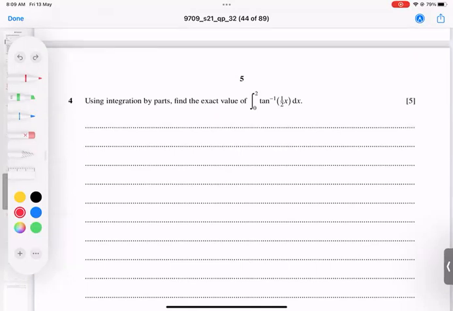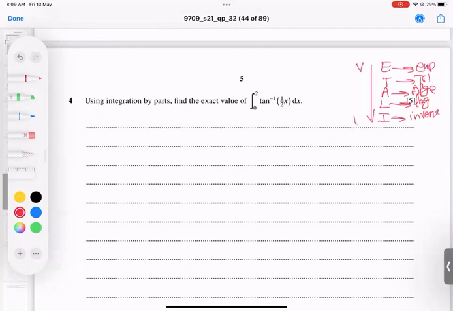If we talk about the LATE properties, L, A, T, E, and I add one extra I. I stands for inverse function, L stands for logarithm function, A stands for algebra, T stands for trigonometry, E stands for exponential. From top to down, we have top is V, down is U.